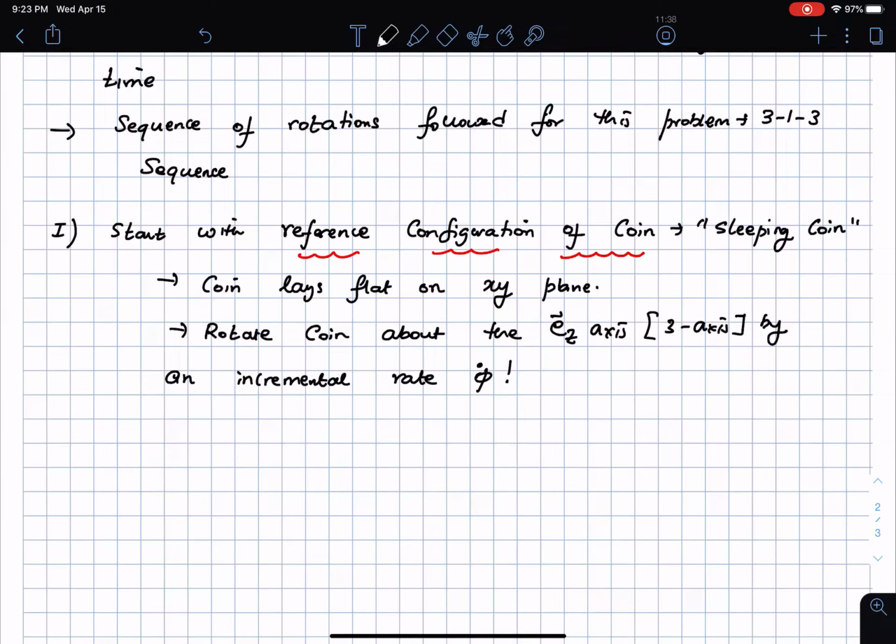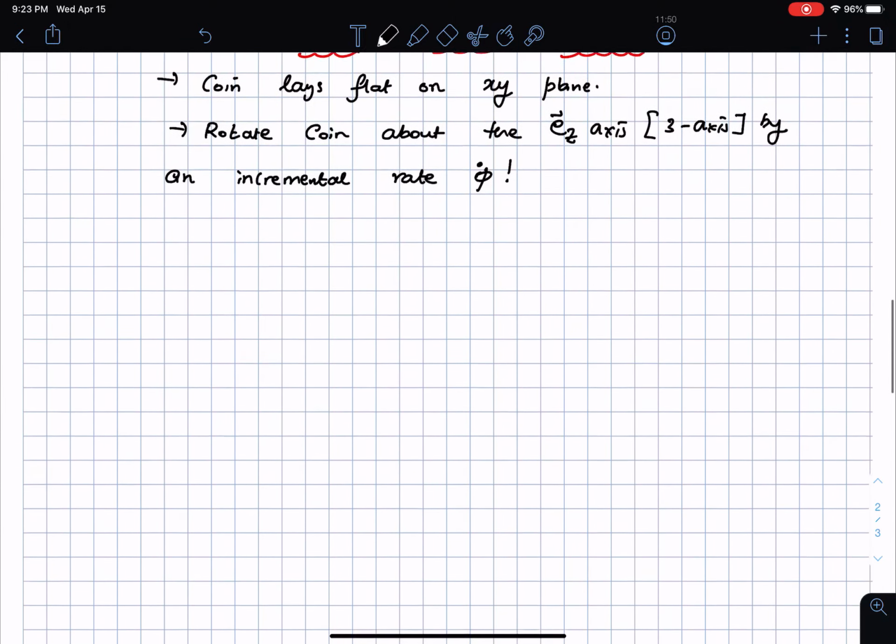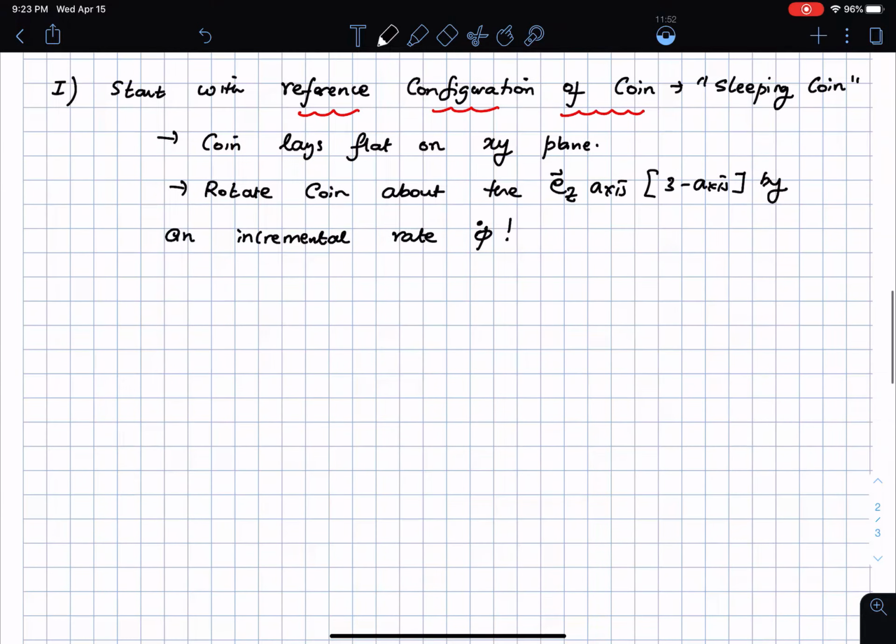We also mentioned briefly in the last class that the x-axis is typically called the 1 axis, the y-axis is called the 2 axis, and the z-axis is called the 3 axis. Using that, we come to the following figure.